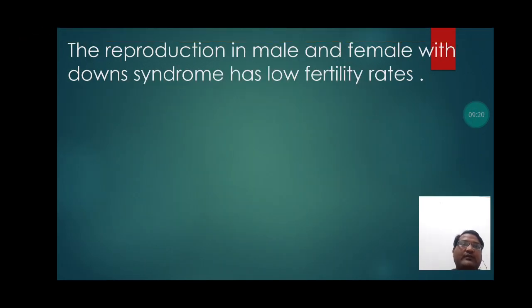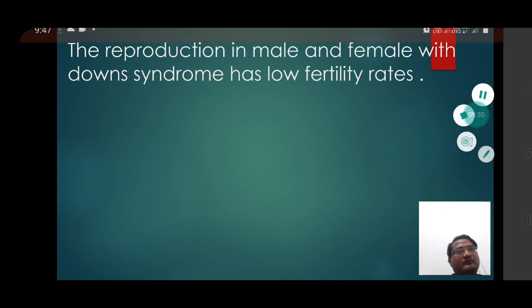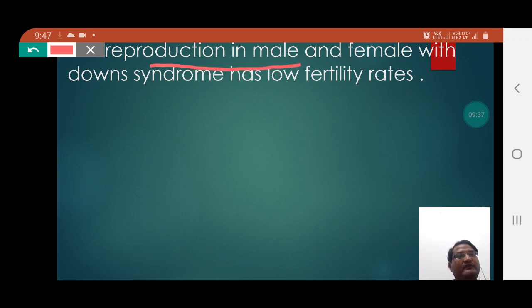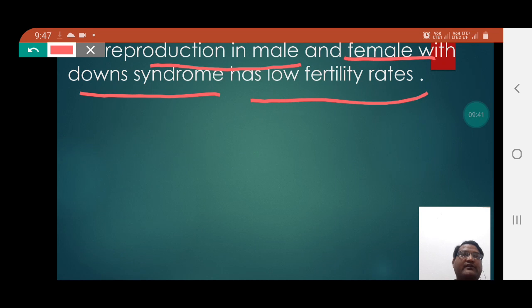The reproduction in male and female with Down syndrome has low fertility rates. Students, the reproduction which takes place in the males and females with Down syndrome has low fertility rates.